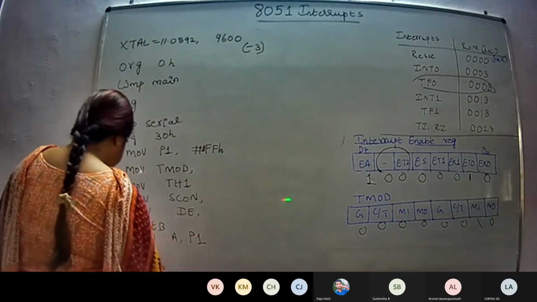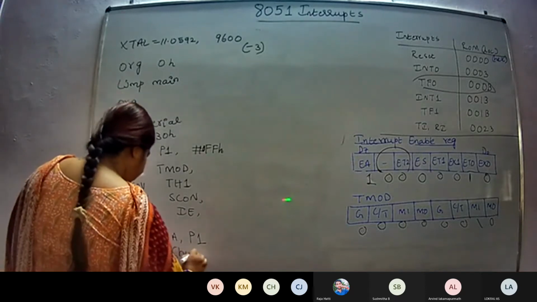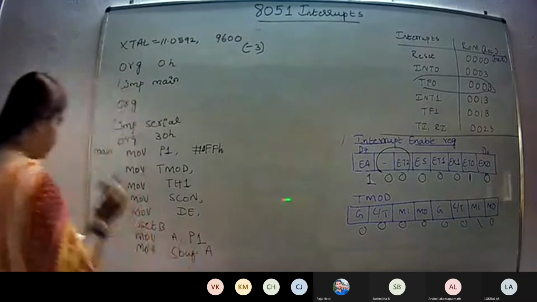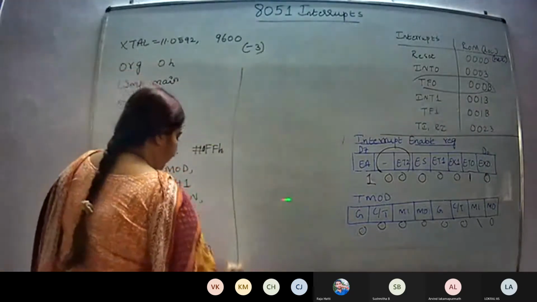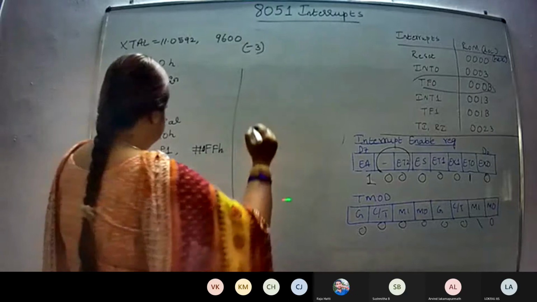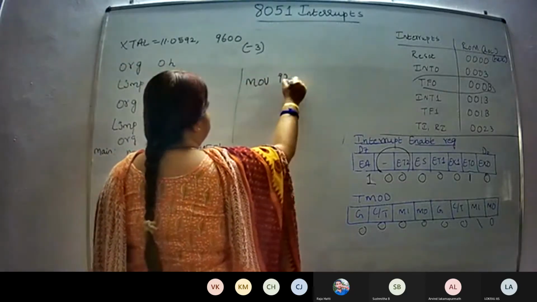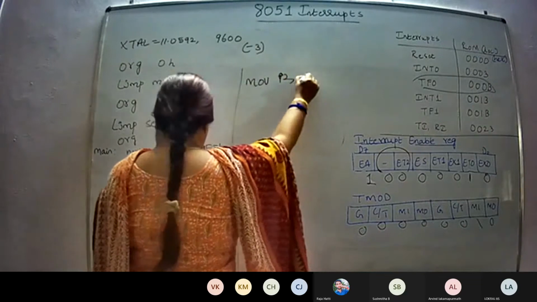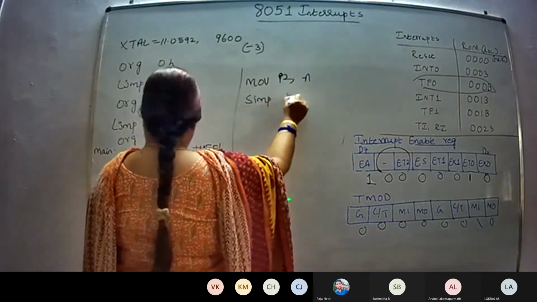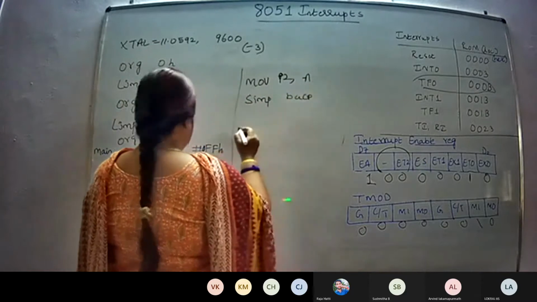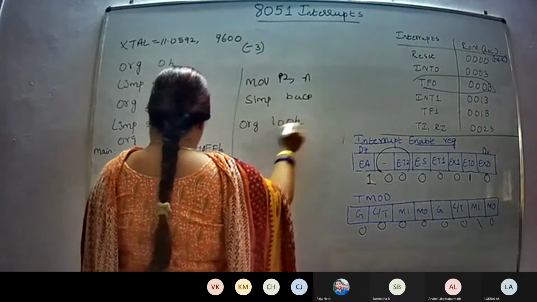Move whatever value to A from port 1, and send it to port 2. Whatever is there in A is sent to SBUF also. SBUF is the register that is used for serial communication. Next, a short jump, again come back. Next we'll write the serial communication program.